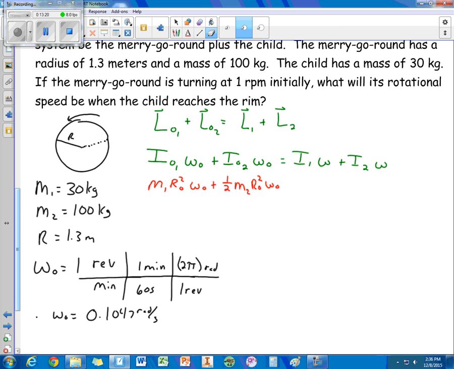And I can go ahead and get rid of this little naught symbol because the radius of the merry-go-round is not going to change. Now the child starts out at the center of the merry-go-round, so that's r equals 0. So this whole term goes to 0.